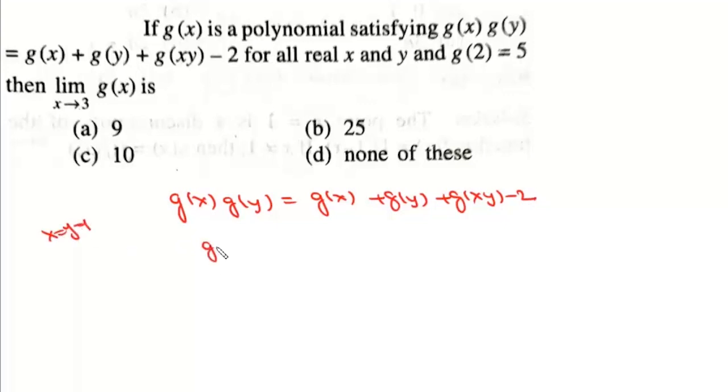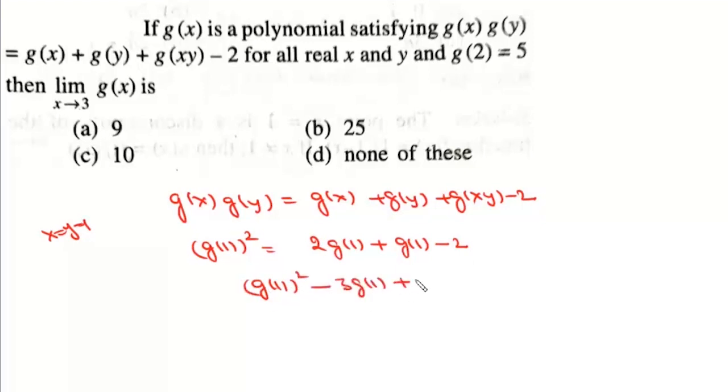We can write g1 square will be equal to 2 times g1 plus g1 minus 2. So it will be this g1 square minus 3g1 plus 2 equals 0. That means value of g1 is either 1 or value of g1 is 2.